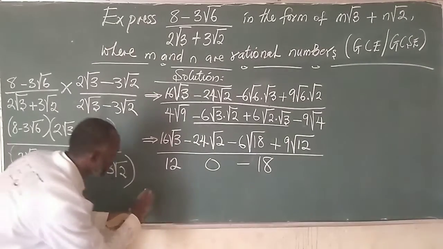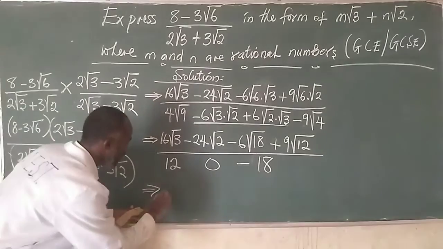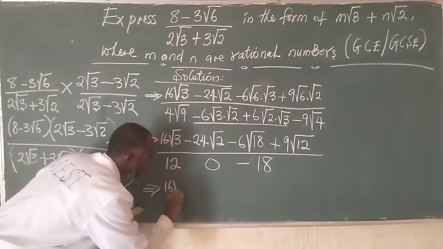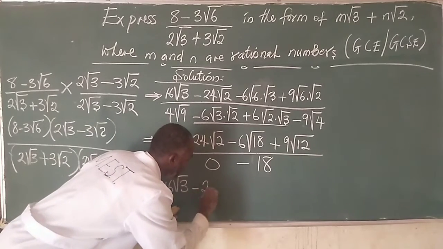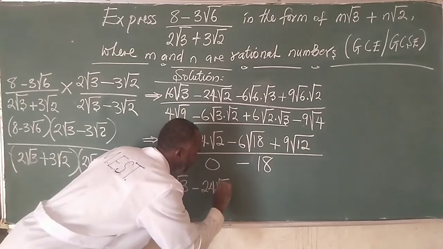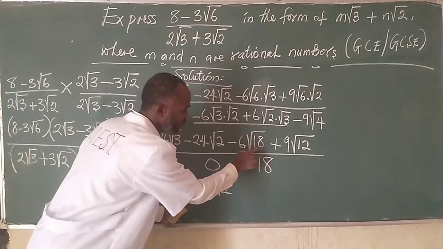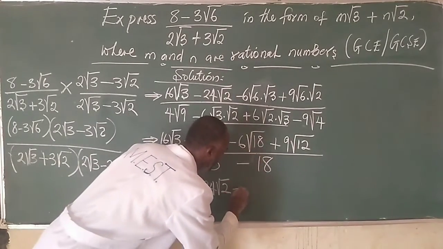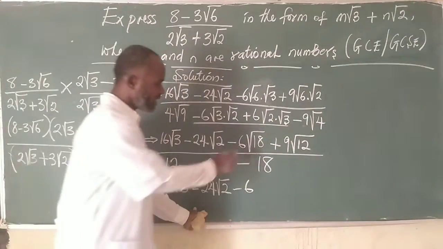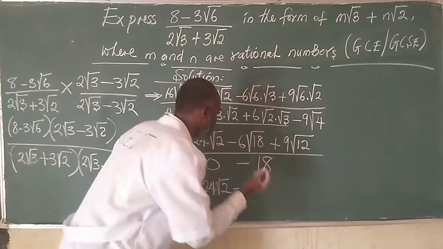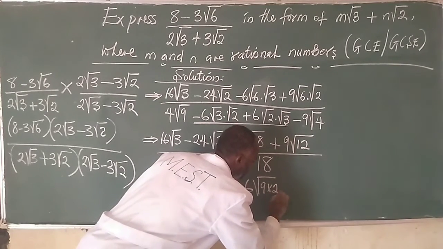So for the simplification here at this point, let's see what happens here. We have 16 square root 3, we have minus 24 square root 2. Watch out. We have here, look at what is going to happen here. We have minus 6. Okay, we can still split this by 2, and that will give us square root 9 times 2.